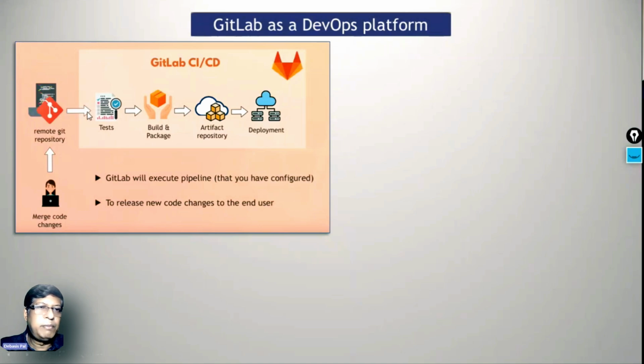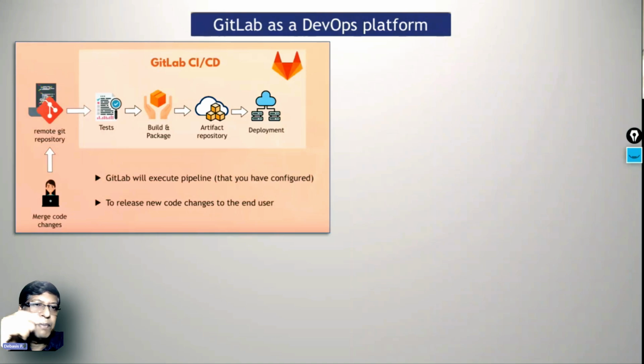So the pipeline will be triggered. It can be on GitLab that it will verify the code, or it can use a SonarQube tool in the pipeline. SonarQube will check the code, like Karthik was saying, for security vulnerabilities.